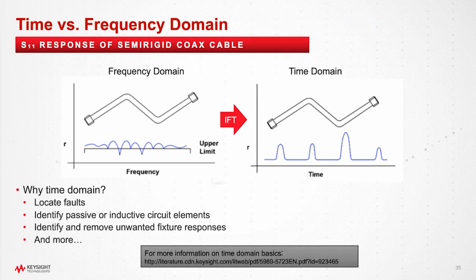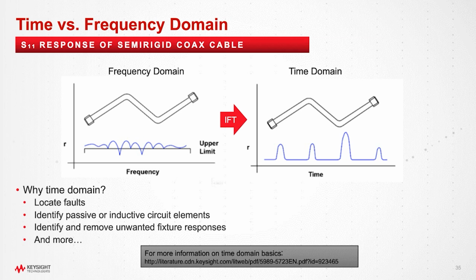Another cool thing you can do with a network analyzer is look at your devices in the time domain. Sometimes when you're looking at a transmission line or some sort of DUT in the frequency domain, you might have some poor return loss, but it's hard to tell what's causing it. But network analyzers can apply an inverse Fourier transform, and you can put that data into the time domain, and then it'll show up much more clearly.